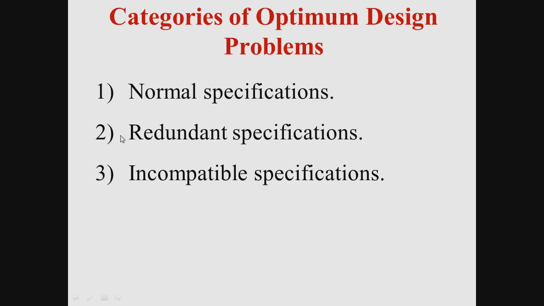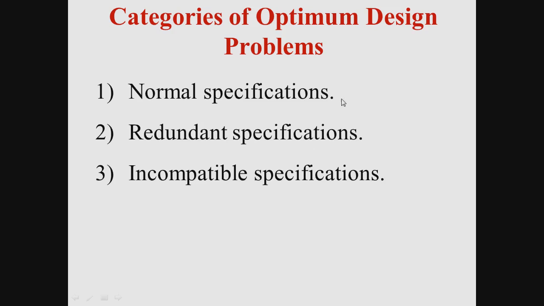If incomplete data is given, and we are not at all able to develop the relations between different parameters, then it is called the incompatible specifications optimization problem. Whatever we have solved are normal specifications problems.